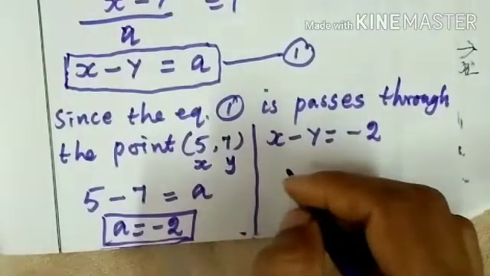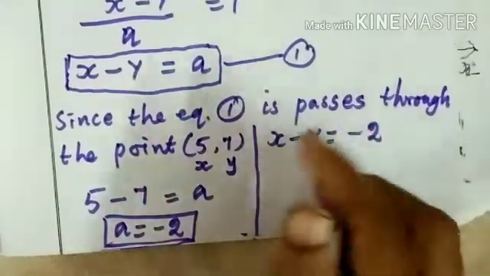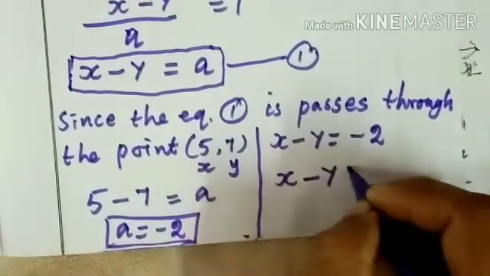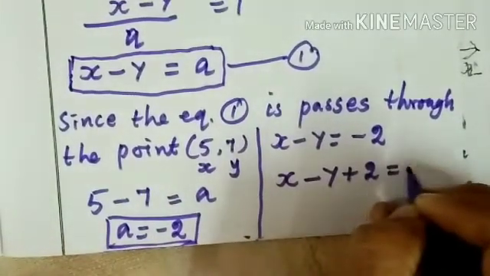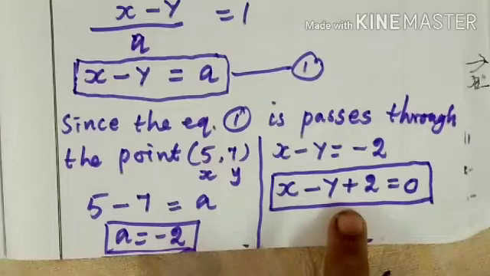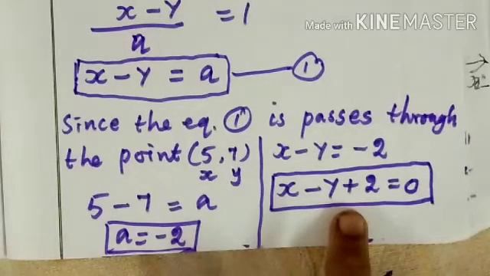Then the standard form of this equation is x minus y plus 2 is equal to 0. Hence, the required equation of the straight line is x minus y plus 2 is equal to 0. This is the answer for this question.